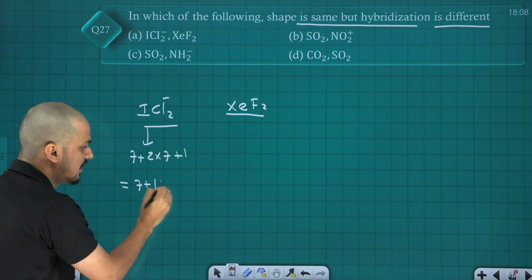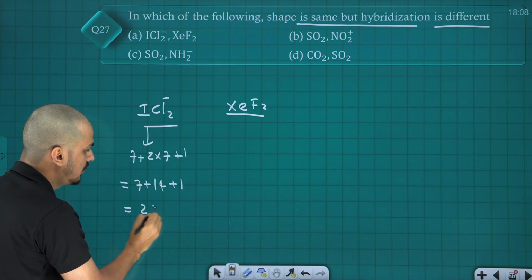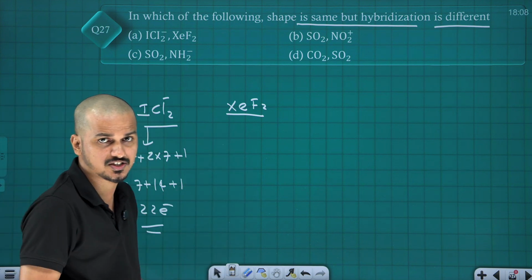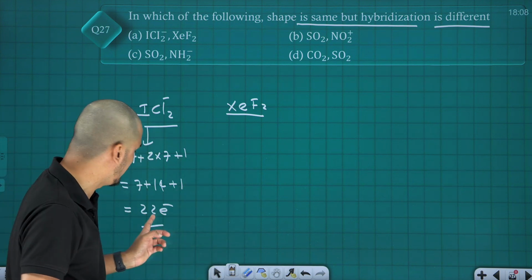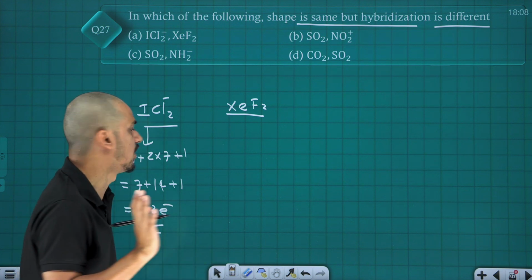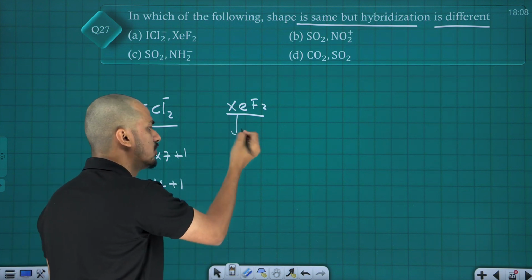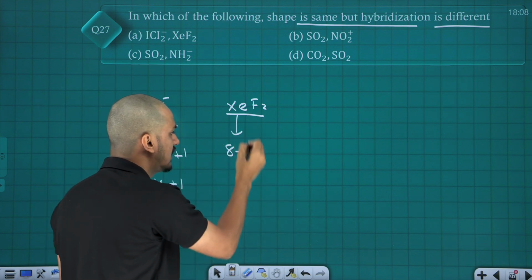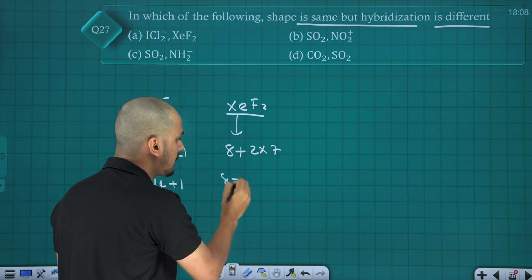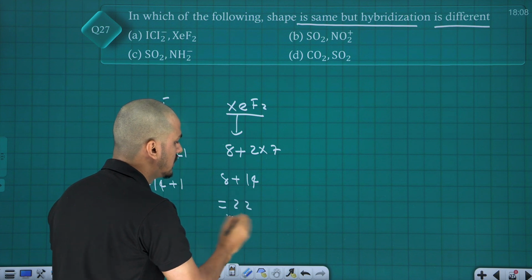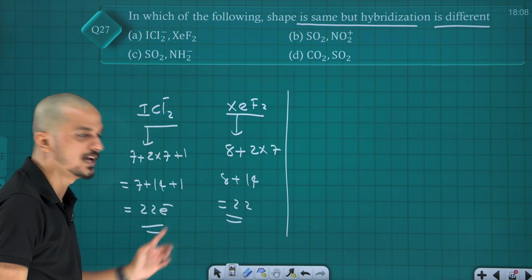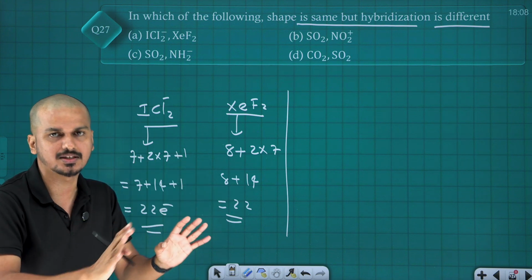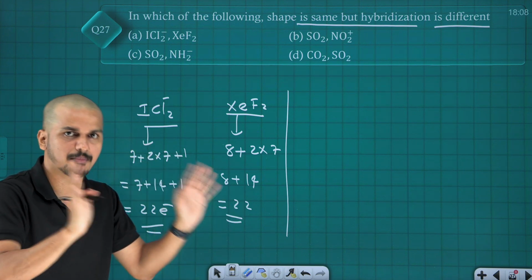So 7 plus 14 plus 1, that means 22 valence electrons in ICl2 minus. They are linear shape, 2 bond pairs, 3 lone pairs. What about XeF2? That is also linear, we know. Here valence electron is 8, then 2 into 7, so 8 plus 14, that also comes to 22. Both have same shape and same hybridization, because the total number of valence electrons is the same.